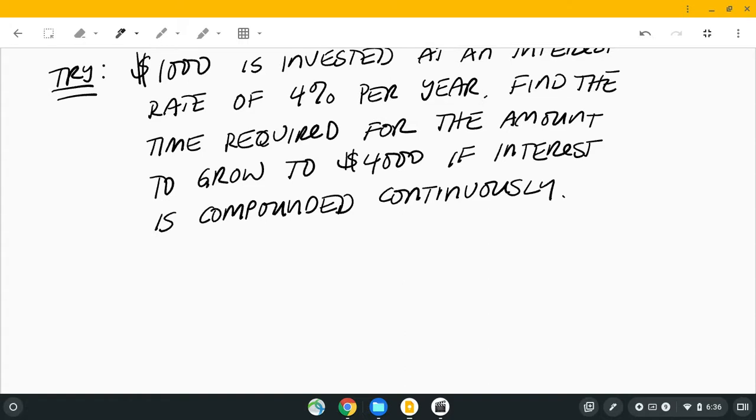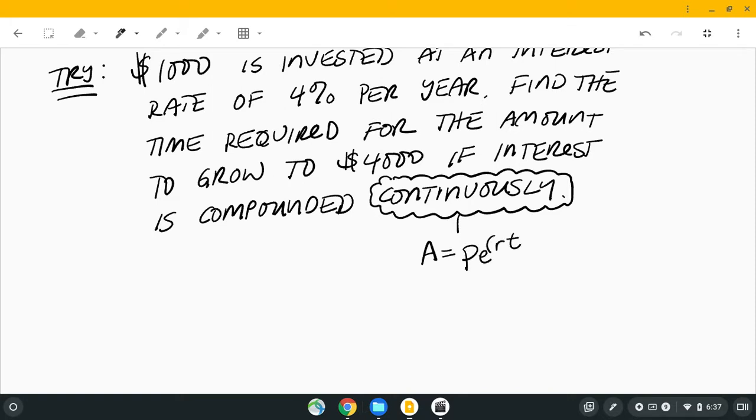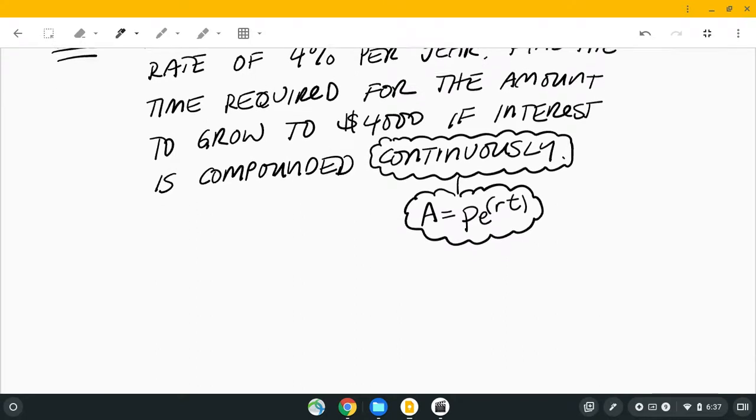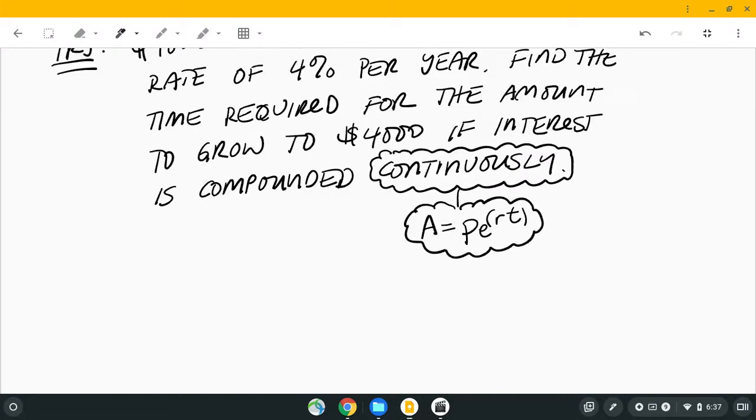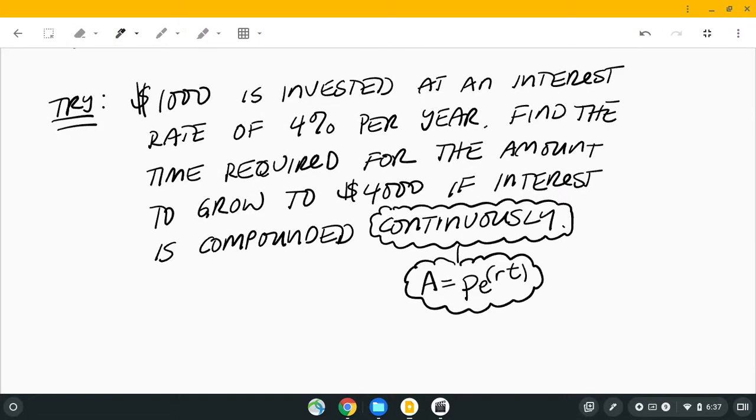Again, continuously, that's the magic word right here. This tells us that we are going to use this formula as opposed to the other one with the N's. So we know some things here. This is your initial amount.